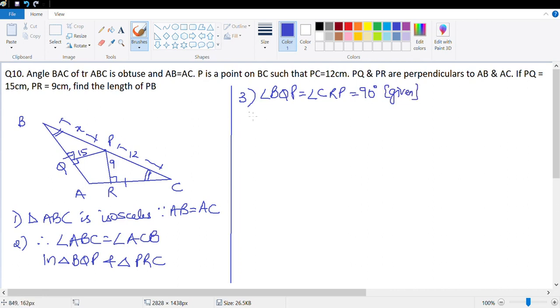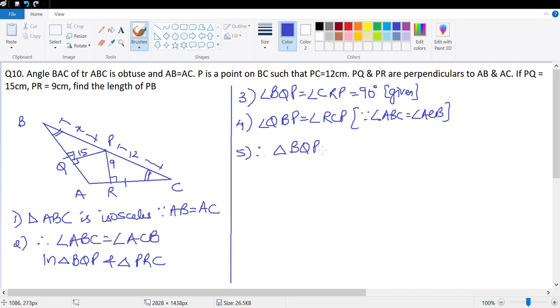Next point, angle QBP is equal to angle RCP since angle ABC is equal to angle ACB. Therefore, triangle BQP is similar to triangle CRP using the AA test.